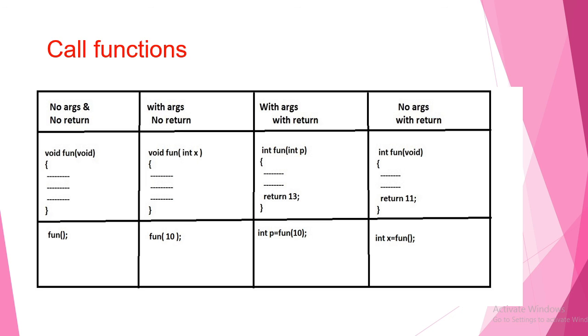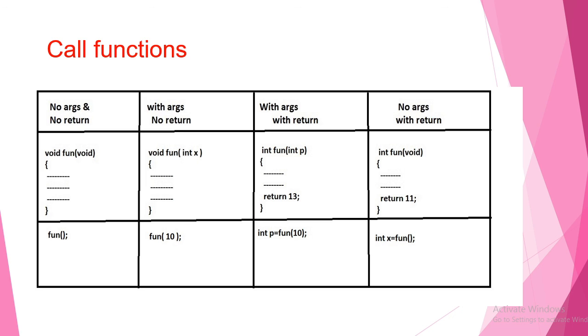Because I am returning a value, I am returning the value 13, and that value goes and is stored in integer p. You can take p or x, y, z, whatever you want, you can take different names also.